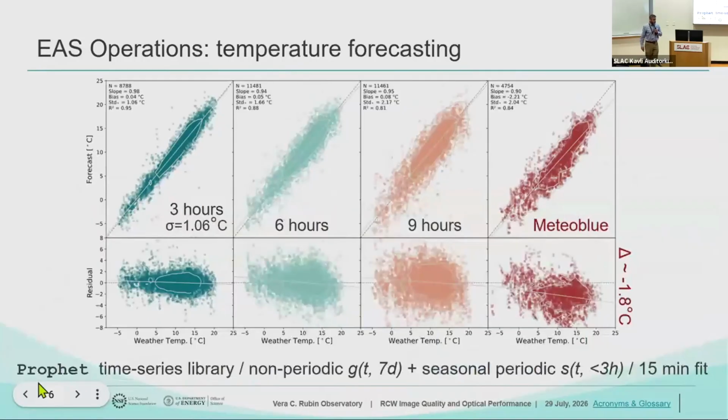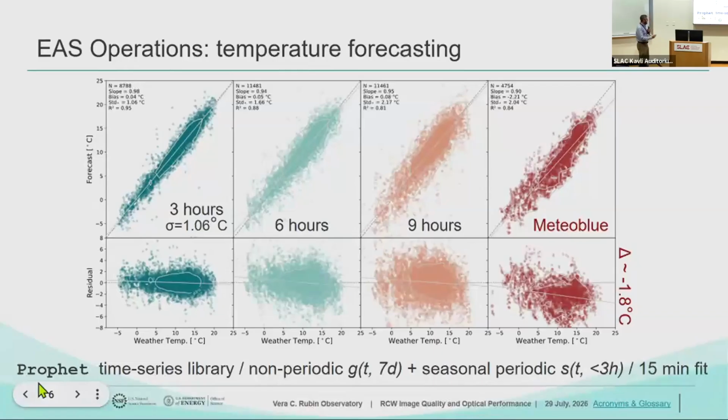Part of this was also our improved evening temperature forecasting of the outside temperature. So we're able to more accurately predict what the evening temperatures were over this last year. The commercial forecast on the right there is Meteoblue, and we found the spread was typically something like 2 degrees off from the actual nighttime temperature that we saw on the summit.